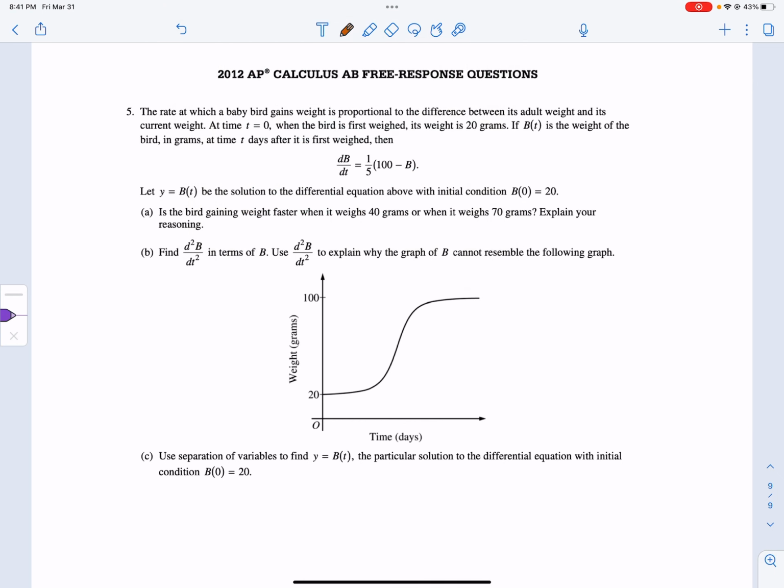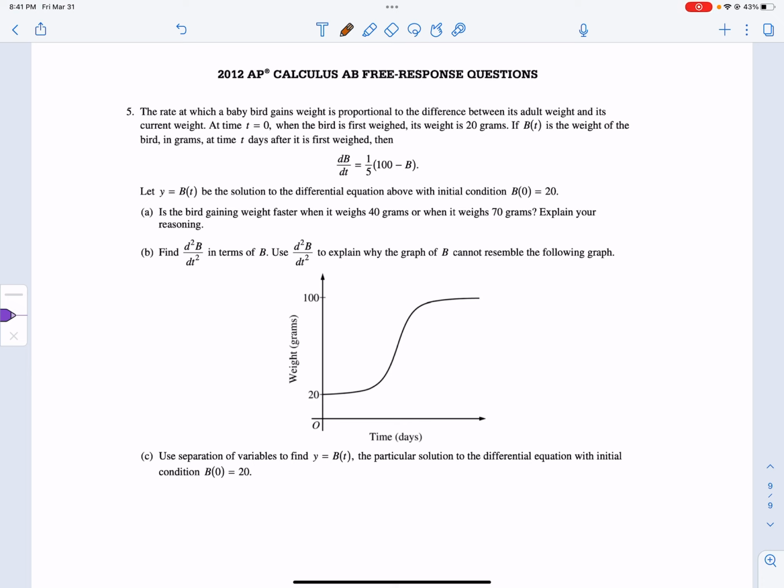There we go. The rate at which a baby bird gains weight is proportional to the difference between its adult weight and its current weight. At time t equals 0, when the bird is first weighed, its weight is 20 grams.